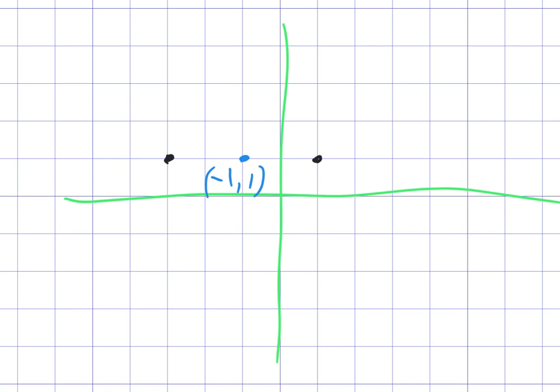Calculating, and this is where if I have, we'll do it like this. Let's pretend those are my foci. That means my center is right here at -1, 1. If I could draw an ellipse, yeah, that was close.